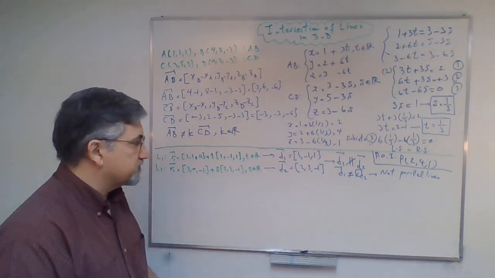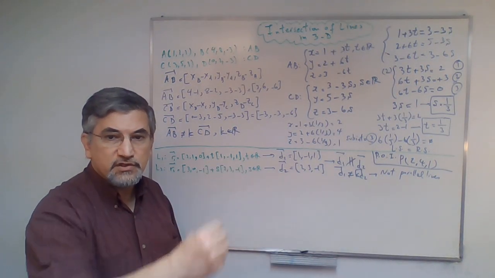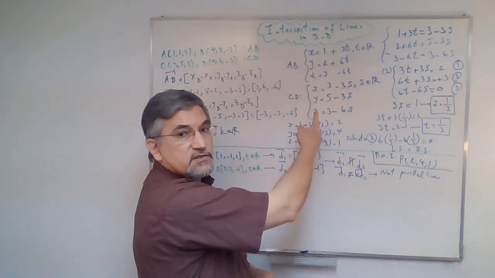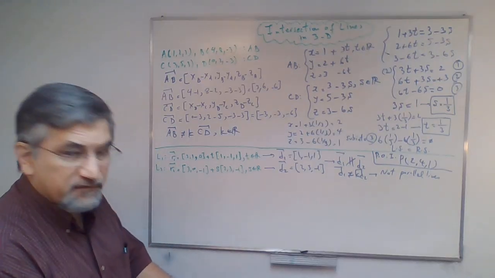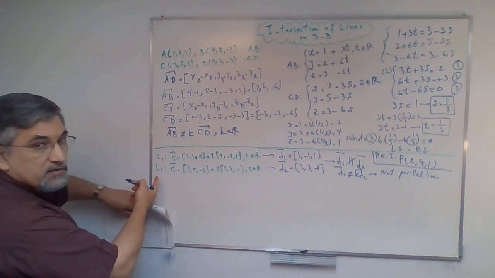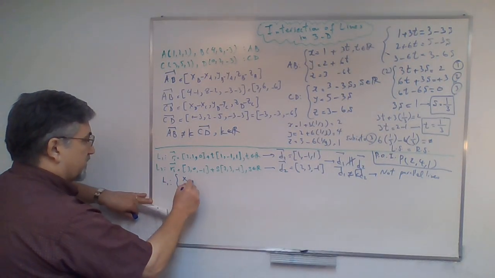So not parallel lines. So they're not parallel and distinct. They're not coincident either. That leaves us with two scenarios again out of 4 scenarios. So these two lines could be intersecting like this situation I showed before, or maybe they are skew lines, we don't know. We have to figure out. So once again, I'm going to write line 1, line 2, L1, L2. I'm going to write their parametric equations.